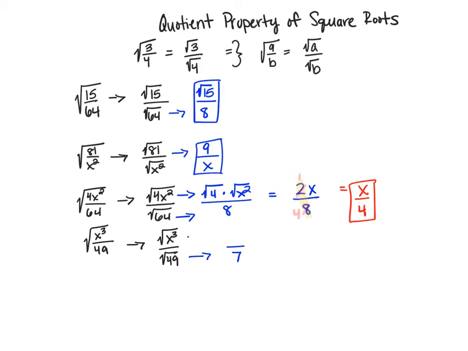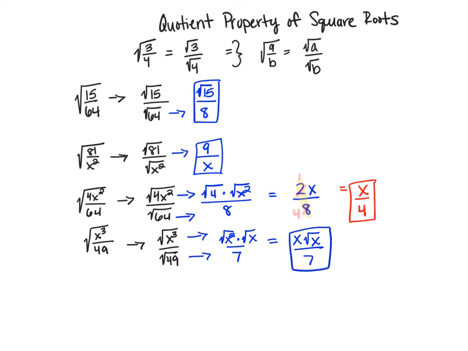And then the x cubed can be rewritten as x squared times x. The square root of x squared times the square root of x. And then we can simplify that square root of x squared into x. The square root of x doesn't simplify, and then over 7.